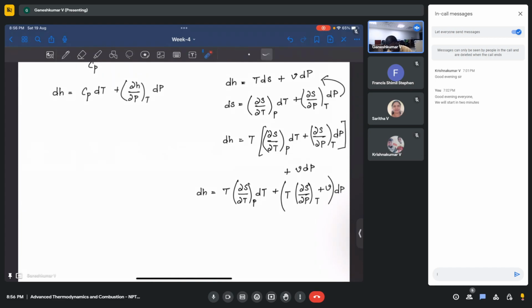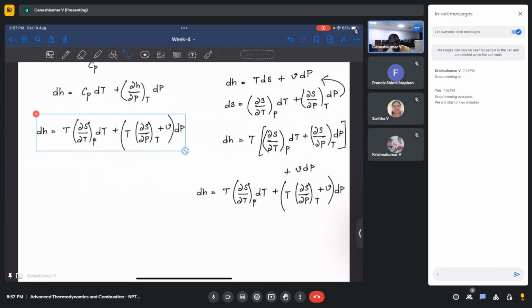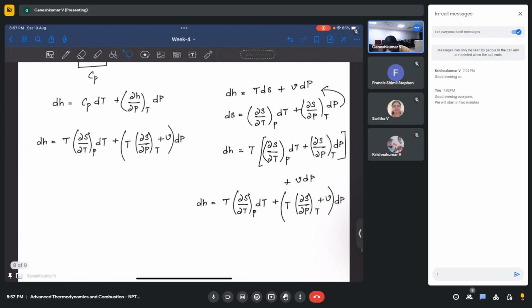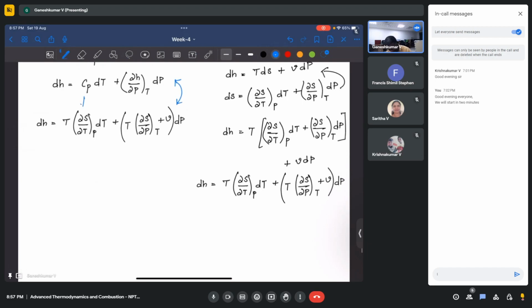One is from the TdS relation, one is from the definition of the exact differential. If we compare these two, it is clear that Cp is going to be this, and ∂H/∂P at constant T is going to be this.